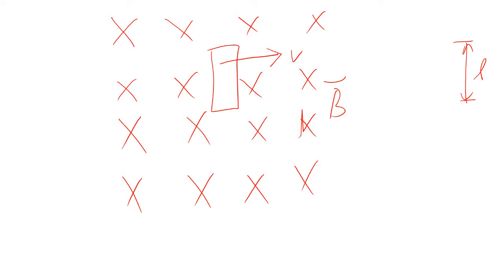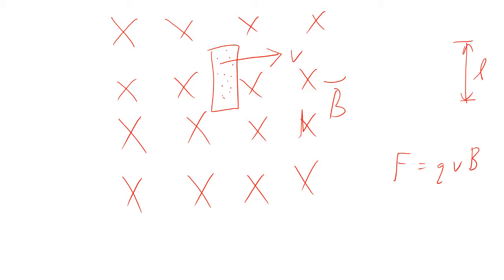Well, inside the conductor, it's really made up of a whole bunch of electrons. So using the right-hand rule, there's a force on each electron, F equals QvB.